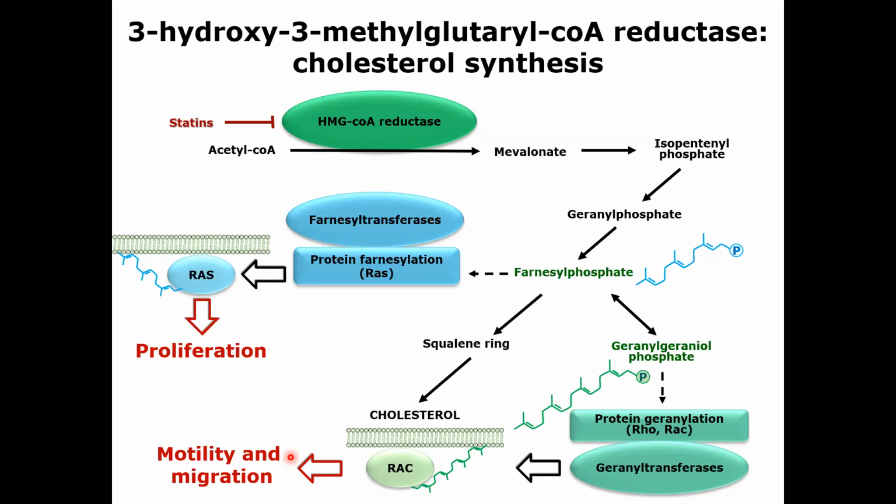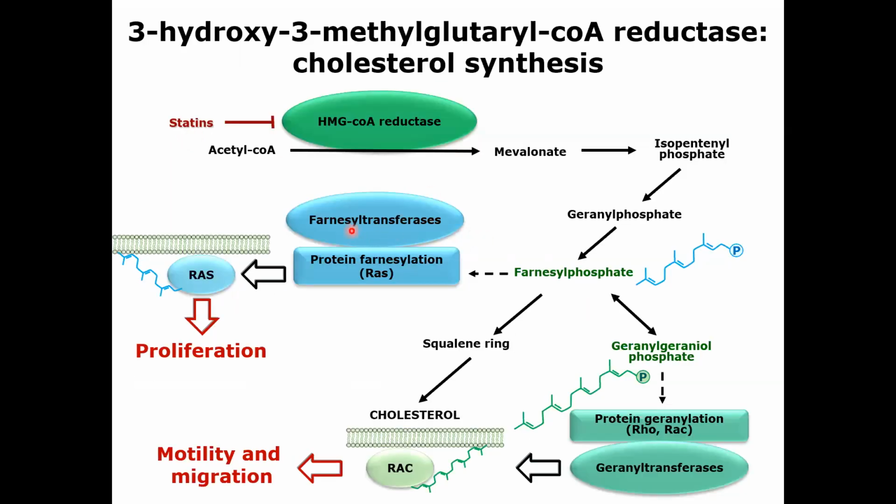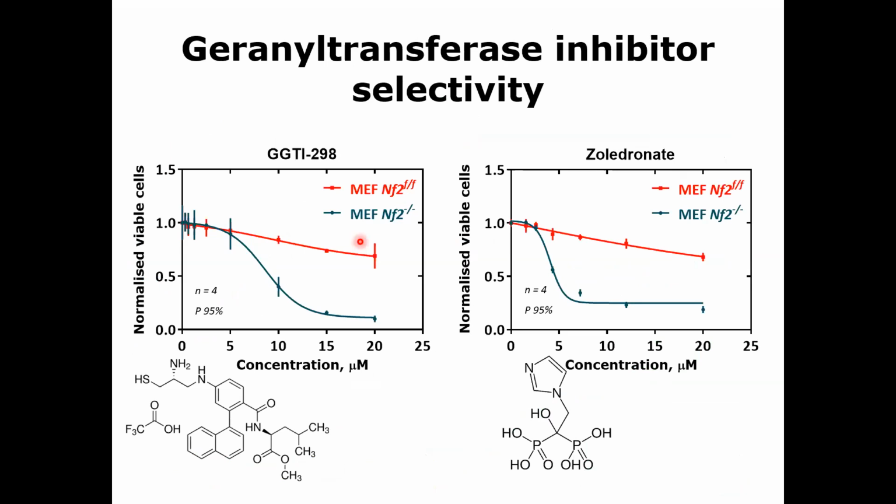So might it be that the deficiency of functions of RAS or RAC caused the selective toxicity effect? We tried supplementing the growth media with a farnesylase inhibitor that is called farnesyl thiosulfate, and it did nothing. It was toxic for both NF2 deficient and control cells.